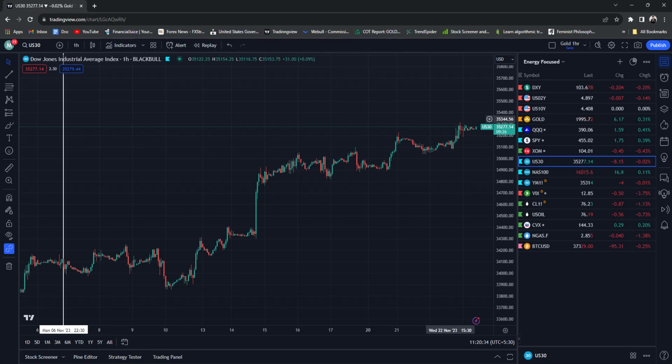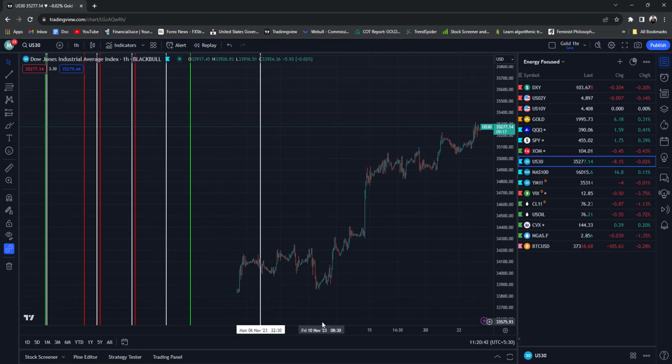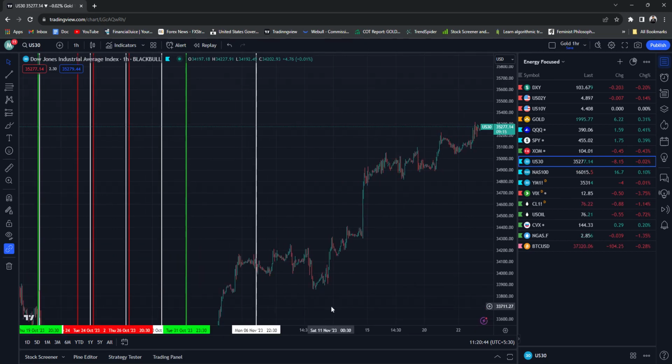But what is the basis you'd use for a trending chart like this?